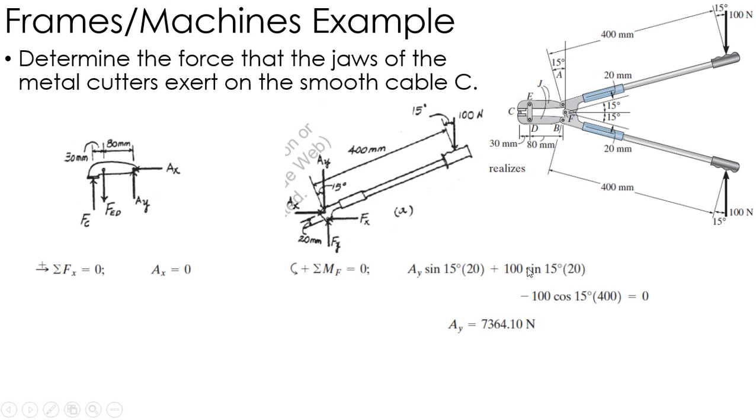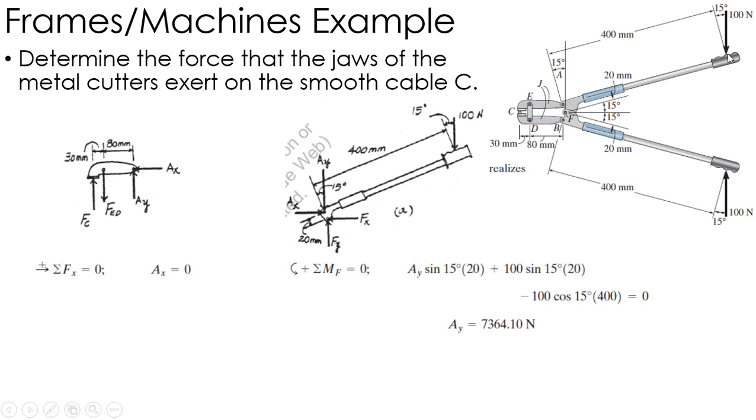Now, I have my moments here, so I have AY and then 20 sine 15, which comes from the fact that I've got a 20 millimeter distance right here. So that horizontal distance is 20 sine 15 times that AY, and that's going to create a positive moment about F.